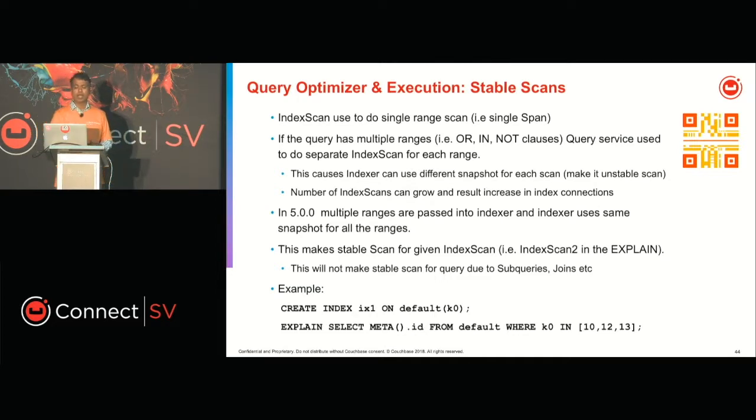So here, even when you have multiple query ranges within a single query block, it uses the same snapshot. That's what we call the stable scan. So you get a consistent result from the same snapshot. All the different consistency requirements that you can specify, whether it's unbounded or request plus, still apply here.